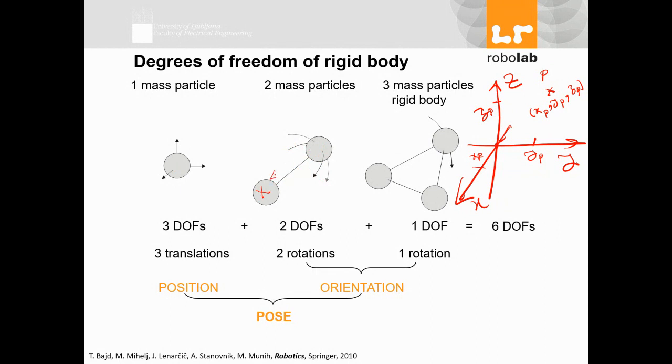But the only problem is that this distance is fixed. In that case, the second object is bounded, and the distance to this point will cover a surface. What do you think is the shape of the surface?